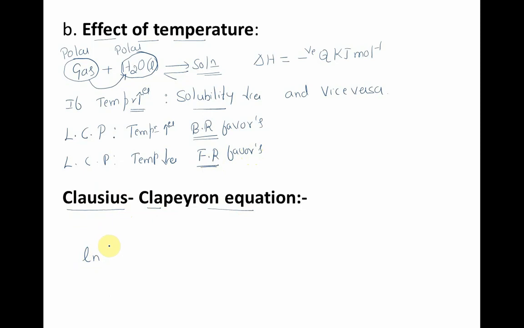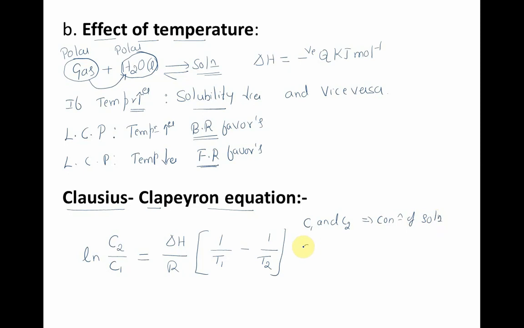I'll write directly the mathematical equation: log of C2 by C1 is equal to delta H by R into (1 by T1 minus 1 by T2), where C1 and C2 are the concentrations of solution at two different temperatures, that is T1 and T2.